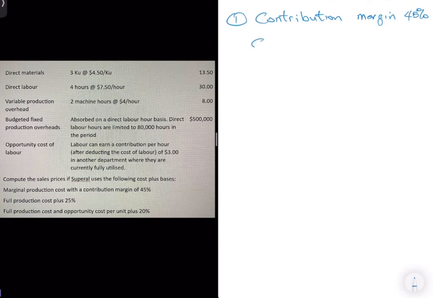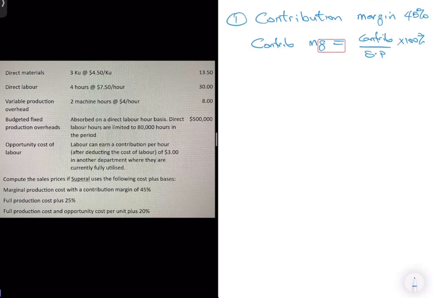What is the formula for contribution margin? I told you earlier that the contribution margin is contribution over selling price times 100%. That is the formula for contribution margin.